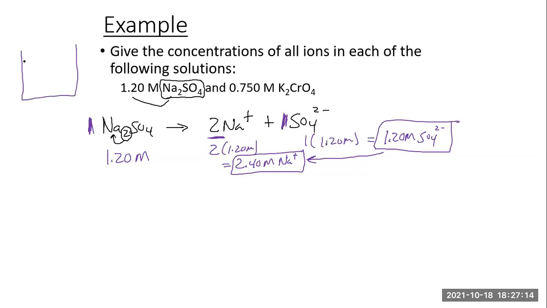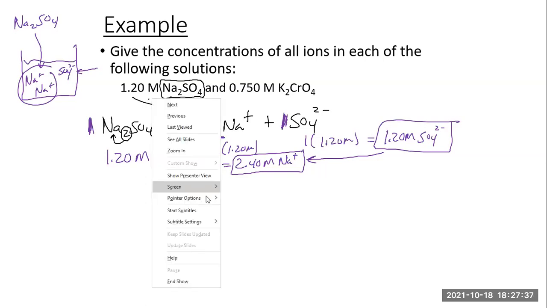And again, that is because when you drop this guy into the solution and it breaks apart, you will get 2 sodium ions for every 1 sulfate ion. So twice the concentration of those guys versus the sulfate. Any questions on that there?